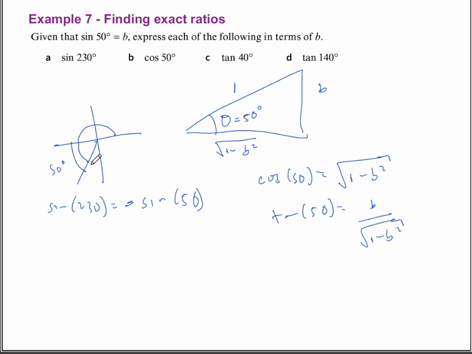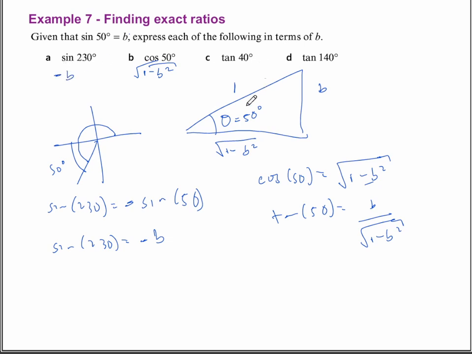Sine of 50 because the reference angle is 50, and the negative sign because it's in the third quadrant, which has the sign as negative. And so sine of 230 is going to be equal to negative sine of 50, which is b. Cos of 50 we just found here, which is root of 1 minus b squared. And sine of 230 is negative b.